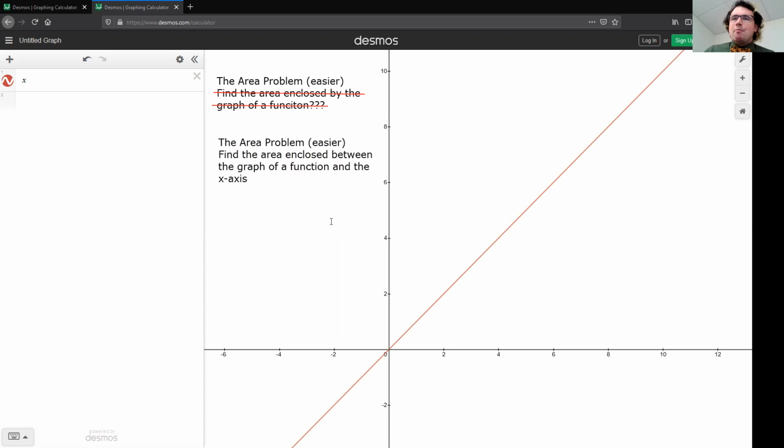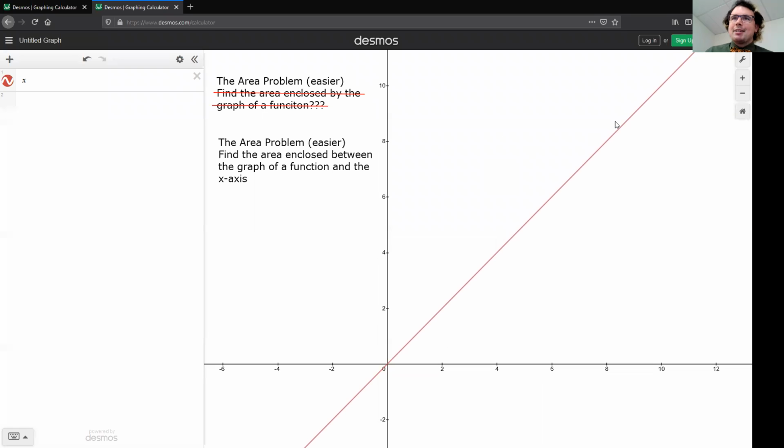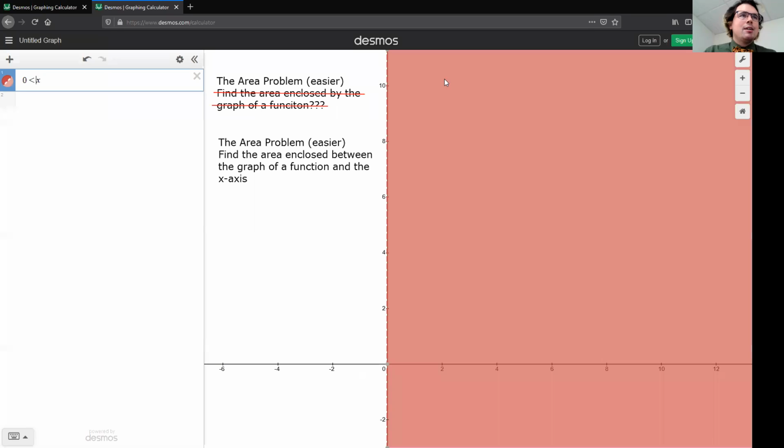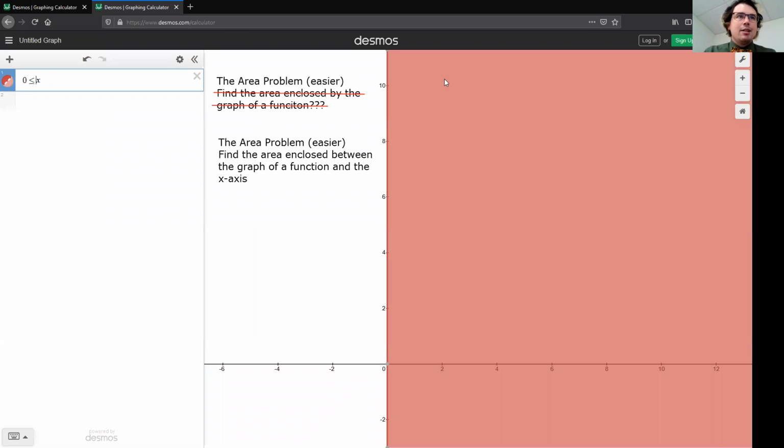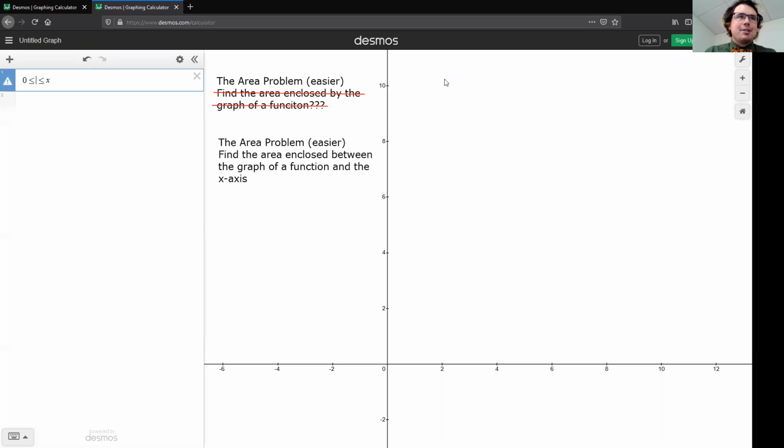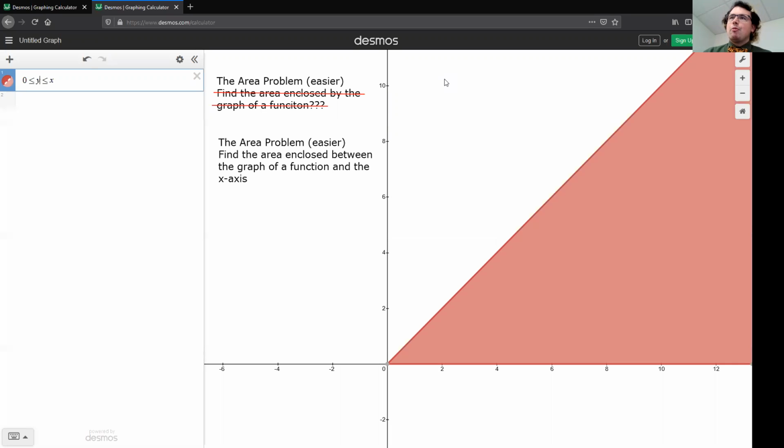So between this curve and the x-axis, let me fill that in. I can tell Desmos to do this: show me all y values between 0 and x. It shows up in red.